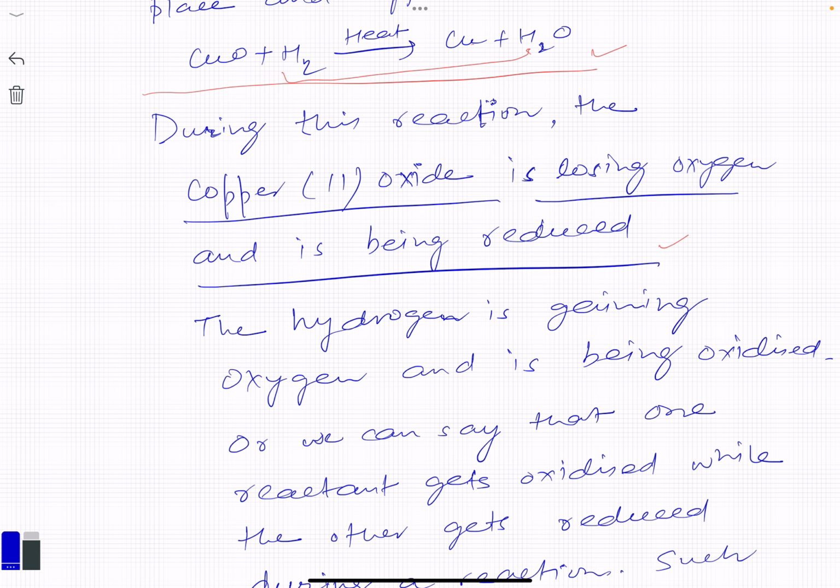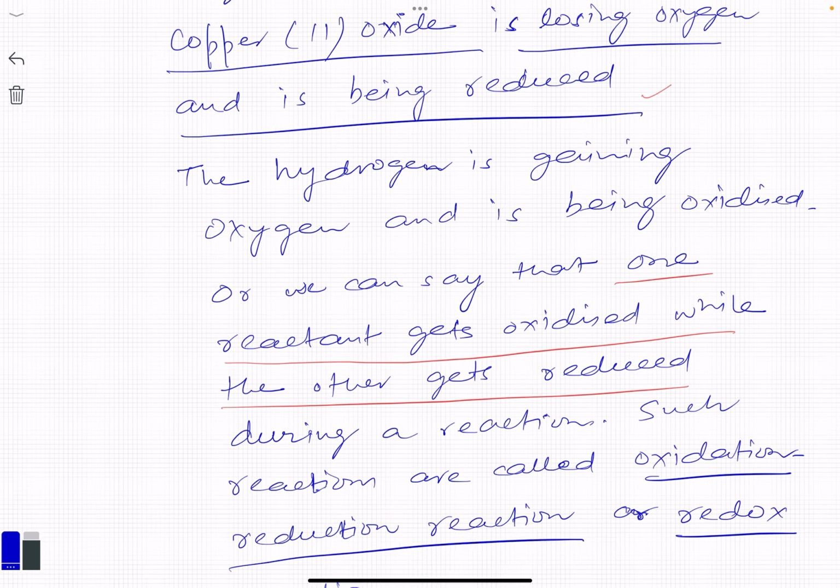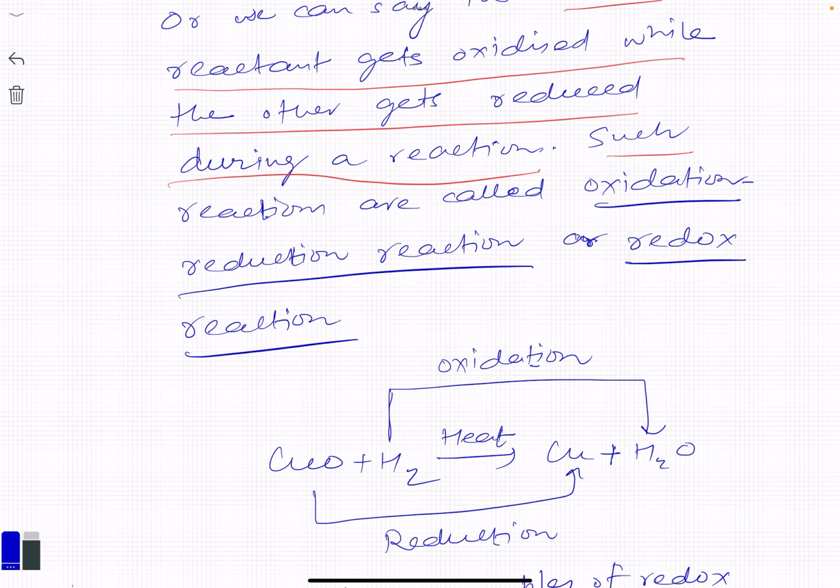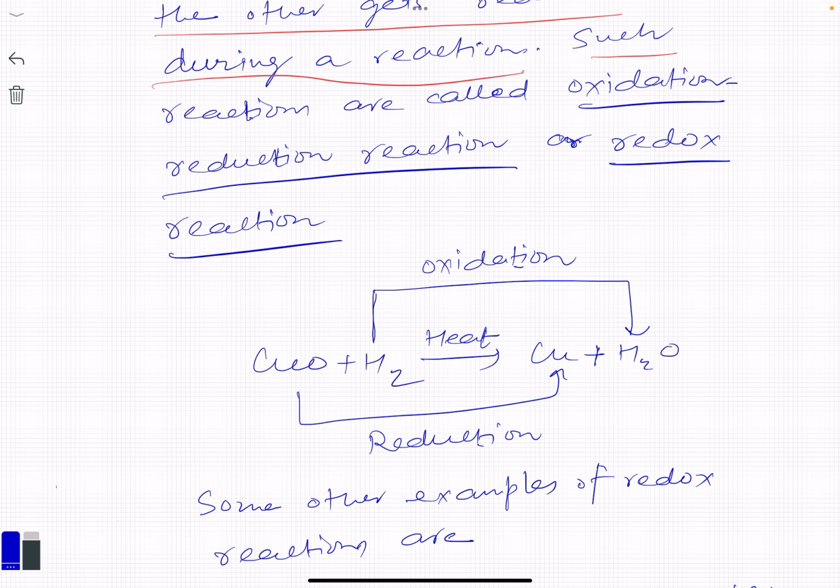Hydrogen is being oxidized, or we can say that one reactant gets oxidized while the other gets reduced during a reaction. Such reactions in which one reactant is oxidized and the other is reduced are called oxidation reduction reactions, or redox reactions. CuO + H2, when heated, gives Cu + H2O.